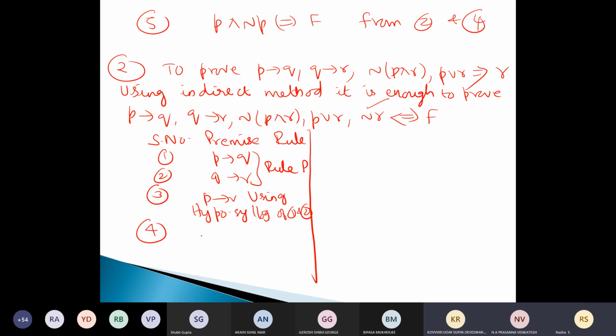You can use not or, right? You can introduce that. Yes, ma'am. If you introduce not or, 3 and 4, what it will give? Negation, not P. Not P, using modus tollens.